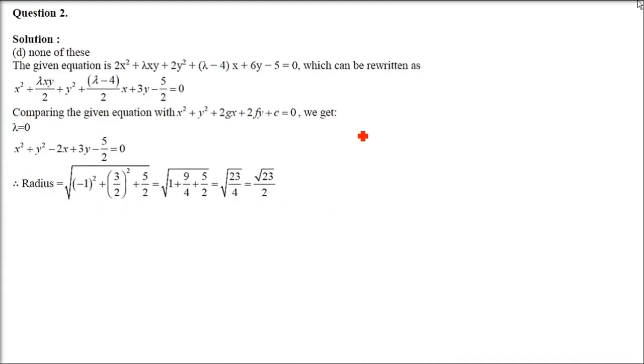Now before that, first thing first, we have to have x square and y square coefficient as 1. We have to make it unity, 2x square and 2y square. So we have to divide the whole equation by 2 so that we get unity before x square and y square.